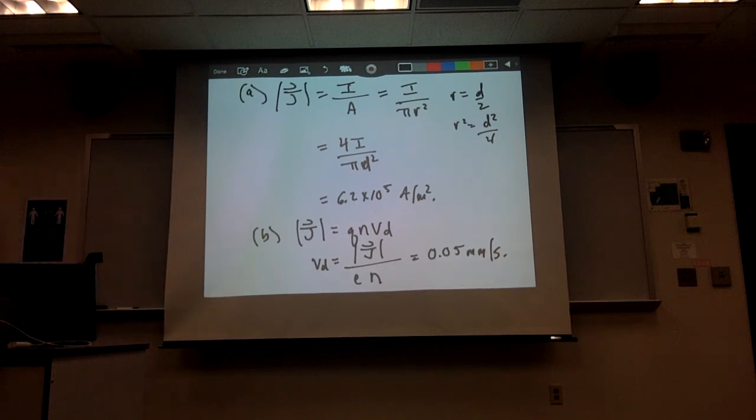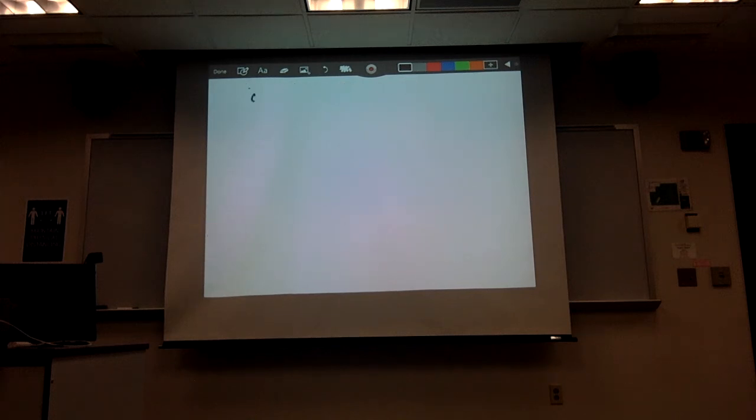Now let's compare this to the RMS velocity. Let's go back to physics 205. The RMS velocity is the root mean squared, the square root of the average velocity squared. This was equal to the square root of 3 times Boltzmann's constant times the temperature in Kelvin divided by the mass.